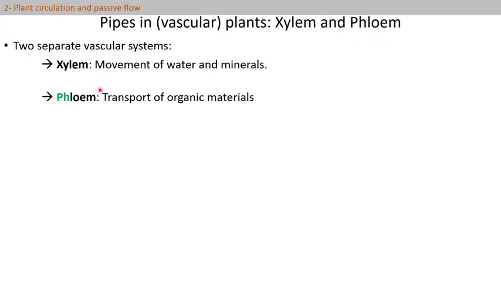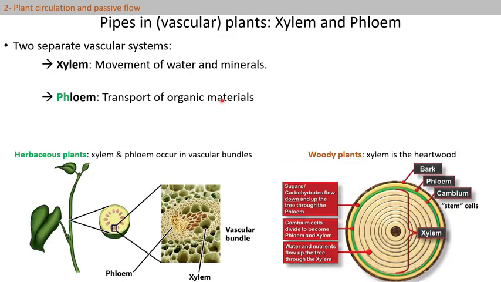The xylem will be responsible for the movement of water and minerals, while the phloem is responsible for the transport of organic materials. Okay? So water and minerals have one circuit, organic materials have another circuit. And maybe a way to memorize that is that phloem transports essentially food, so organic material.